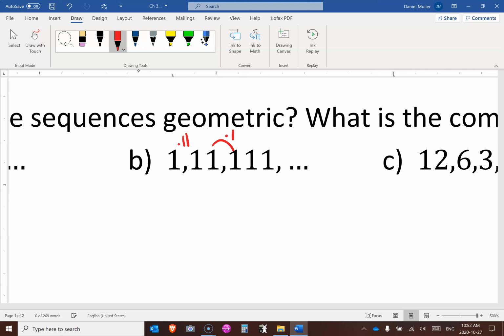But then from here, if you times that by 11, 11 times 11 is 121. So you're not timesing by 11 either. So the idea here is, yes, there's a pattern, but there's no common ratio. So this is definitely a no. There's no common ratio.